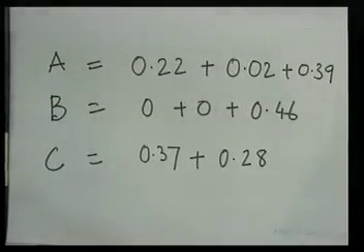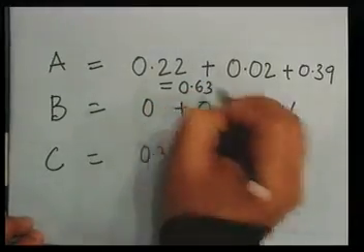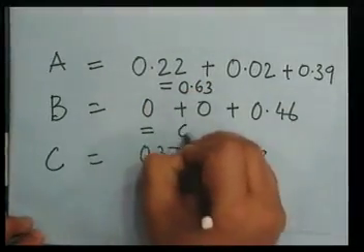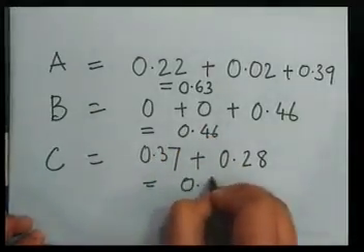So, what I have done? I have not at all touched those values in which I am getting a return of less than $2,000. So, you will find a value of 0.63 here, a value of 0.46 here, and a value of 0.65 here.